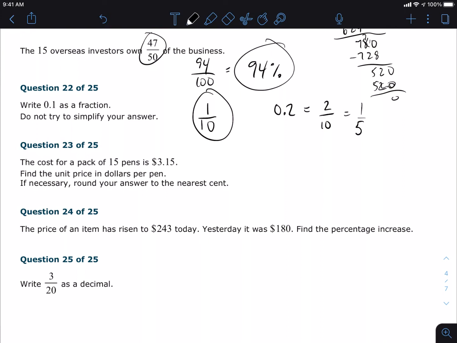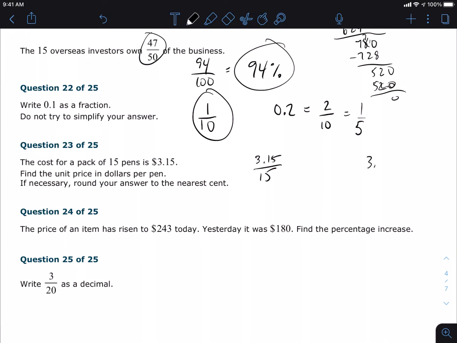All right, the cost of a pack of 15 pens is $3.15. We want to find how much it is for each pen, right? Find the unit price. That's what that means. In dollars per pen, so per pen. So what I need to do is go $3.15 divided by 15, so I can find out how much each one is.